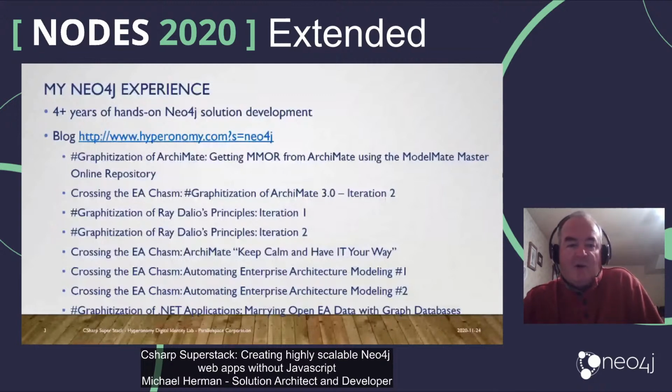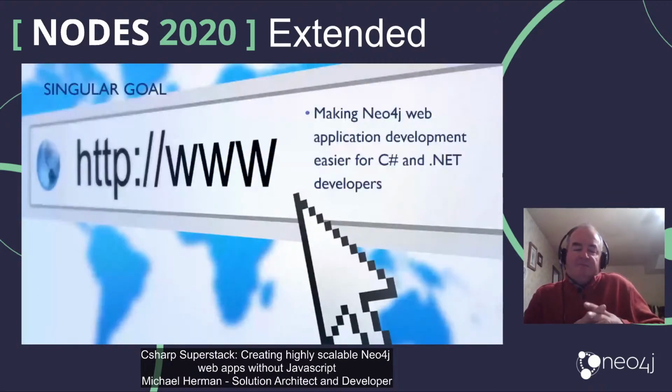If you go to hyperonomy.com and search for Neo4j, you'll find a list here. My singular goal for the Csharp Superstack and for today's presentation is making Neo4j web application development easier for C# and .NET developers. Hopefully I achieve that goal in the next hour or so.